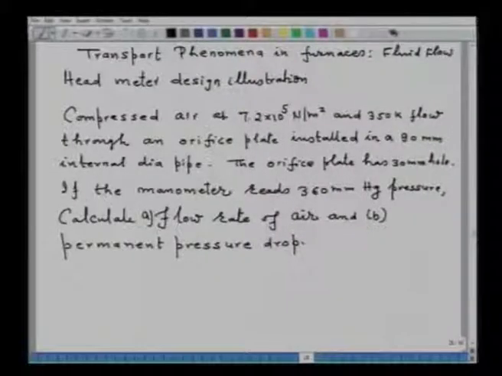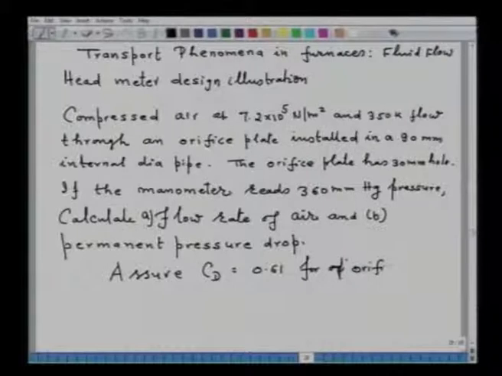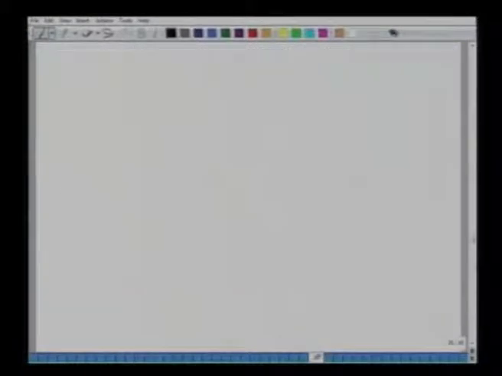Accordingly, in this problem, if we know the coefficient of discharge value, then we can proceed. So, assume CD, the coefficient of discharge for this particular orifice, is equal to 0.61. This is for the orifice. So, let us proceed to solve this problem.